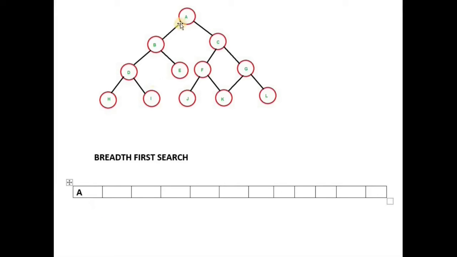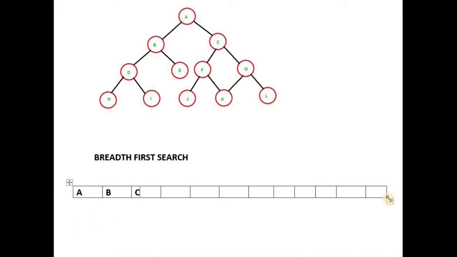From A we will see which nodes I can visit, that is B and C. So I will write B and C in the next columns. I cannot visit any other nodes from A, only B and C.